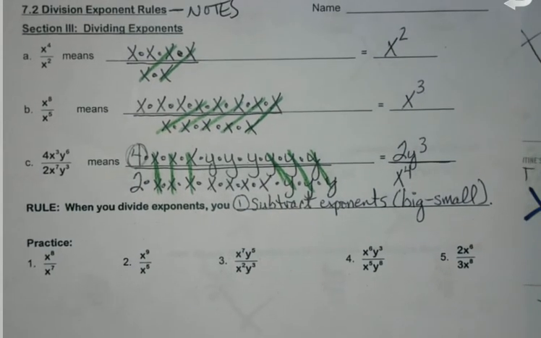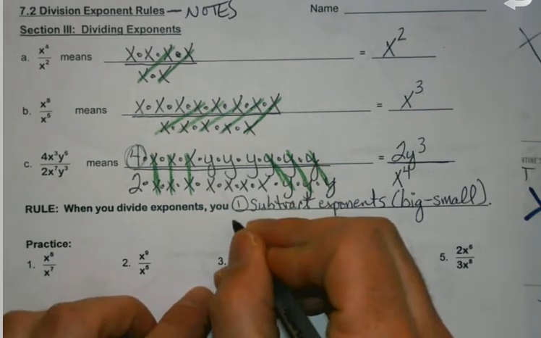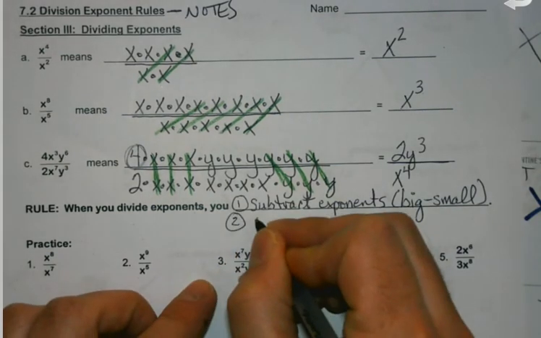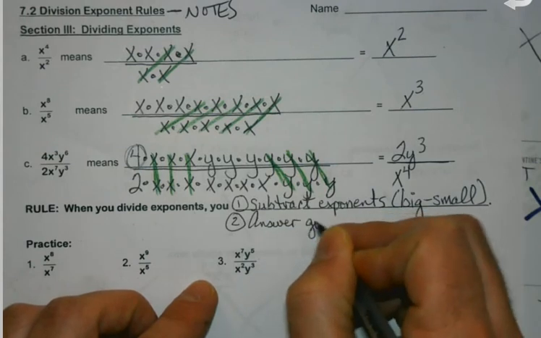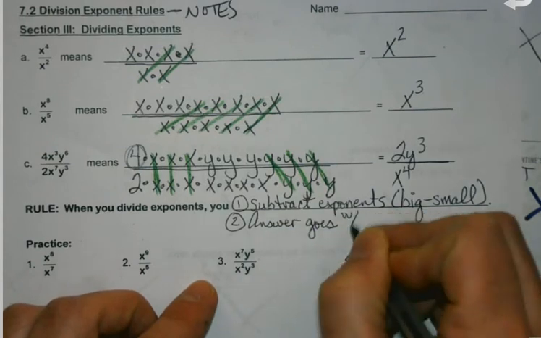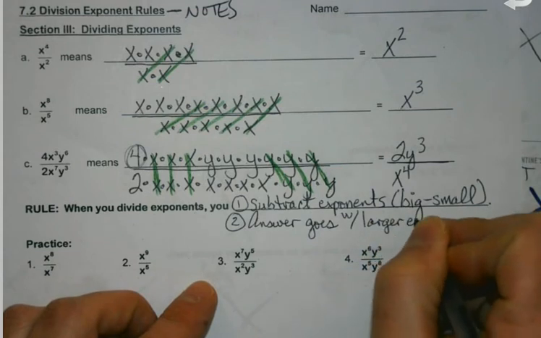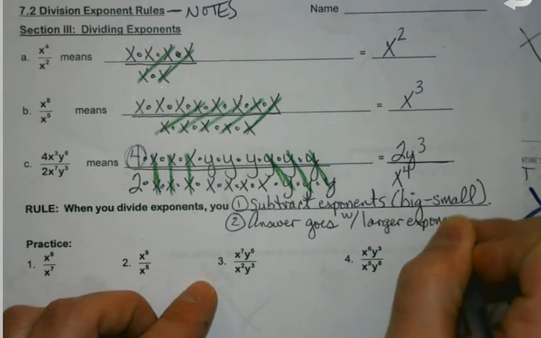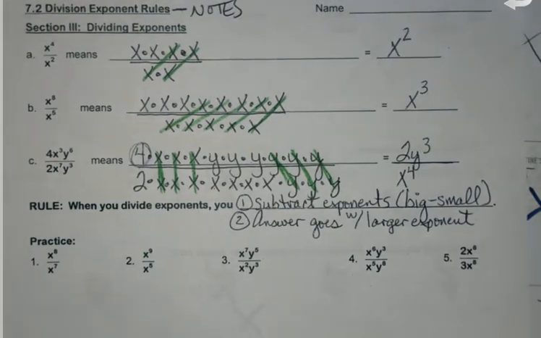I don't care where it is right away, but I don't want to end up with negative numbers. So I'm going to do big minus small with my exponents, and then the answer goes with the larger exponent. Once I give you a chance to get that jotted down, I'll explain exactly what I mean.